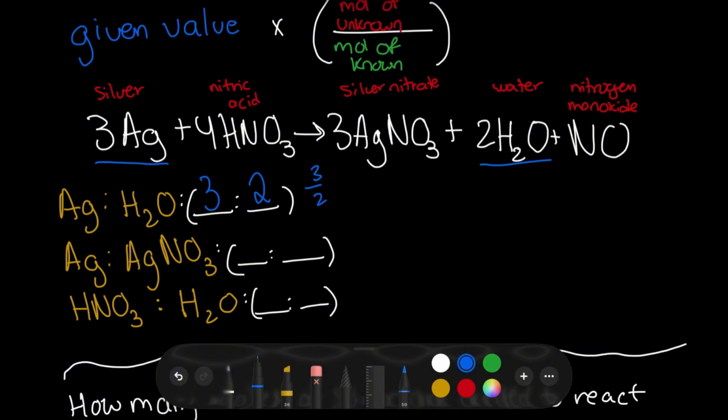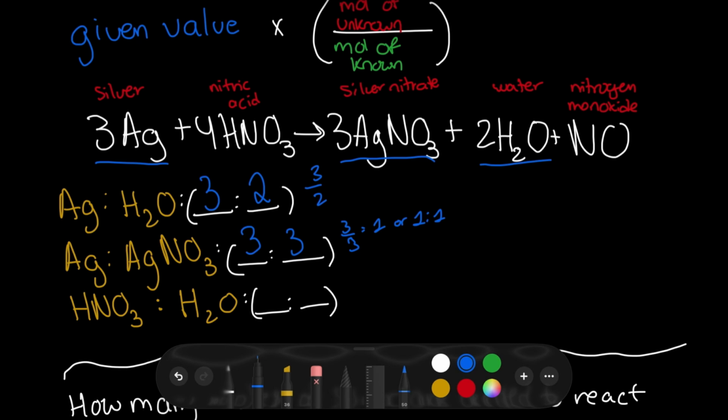Now it's asking for silver to silver nitrate. We know that we have 3 silver, and here we have 3 silver nitrates. So it's 3 to 3, and you can also rewrite it as 3 over 3, which is equal to 1, or a 1 to 1 ratio. Now it's asking for the ratio of nitric acid to water.